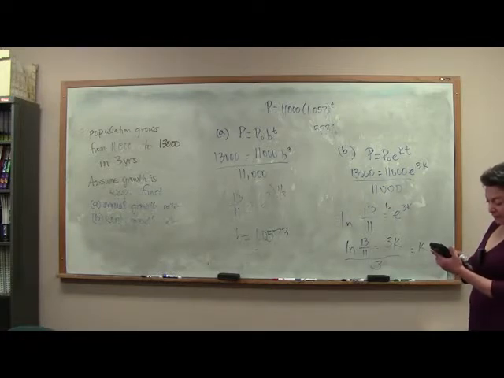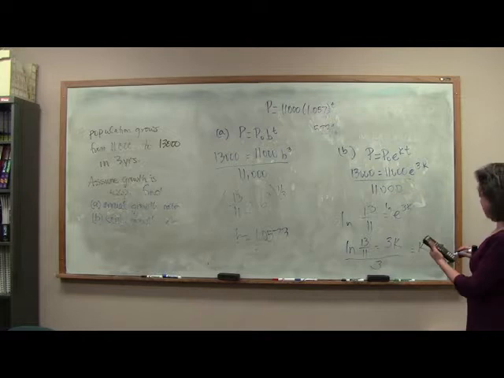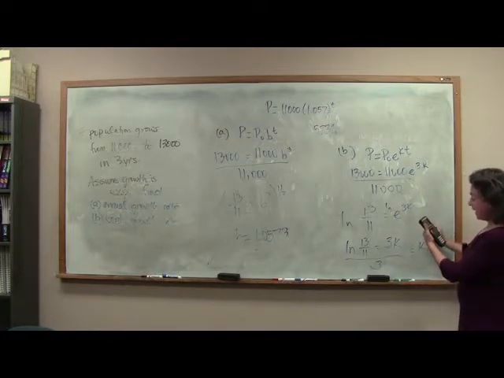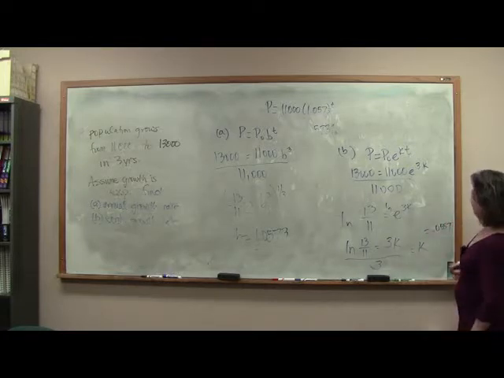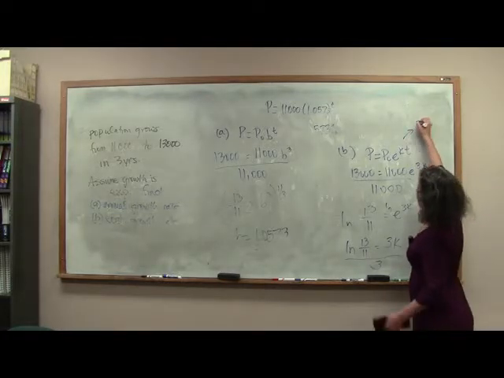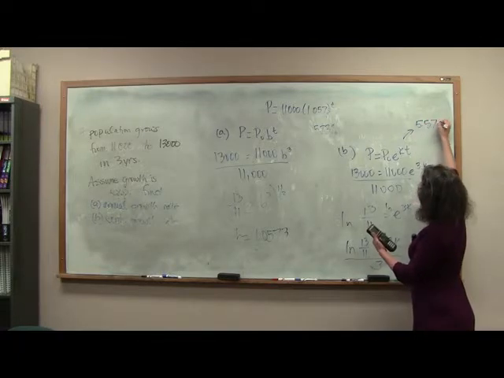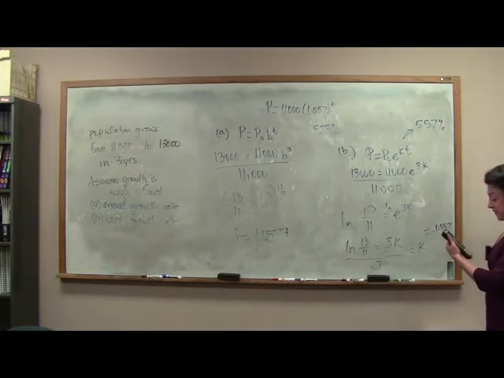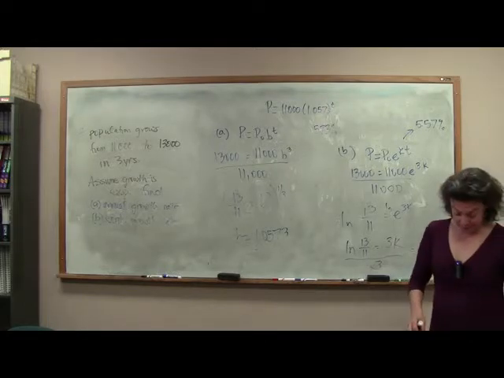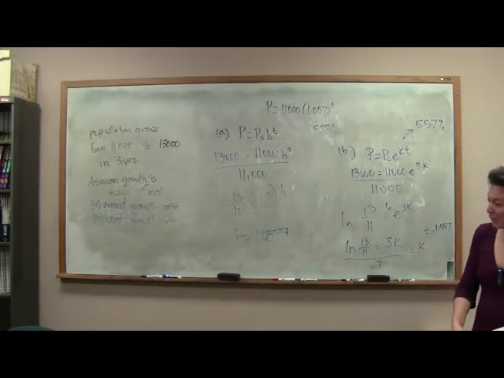So let's compute these. Natural log of 13/11 divided by 3. You get k to be about 0.0557. In other words, here my continuous growth rate is about 5.57%. Isn't that cool?